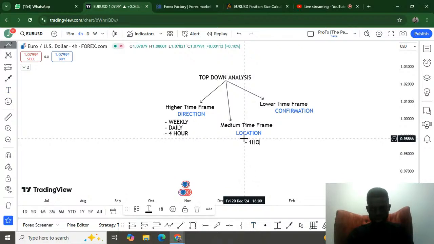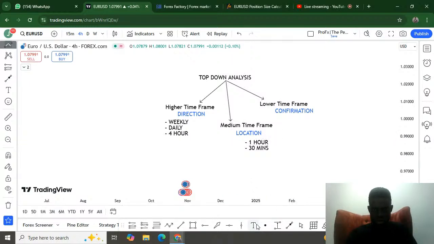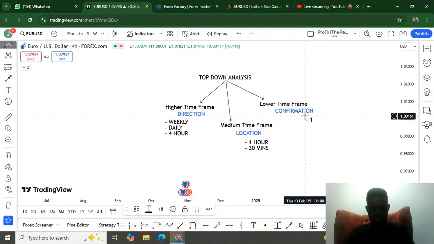Then for confirmation, the time frame would be 15 minutes, 5 minutes, and 1 minute.